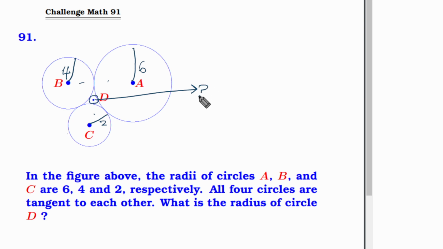Now, when you connect those 3 points, we don't have any idea about the angles. No matter what kind of triangle you make, we don't have any information about angles. Then what kind of equation are we going to use? So you have to get some idea.